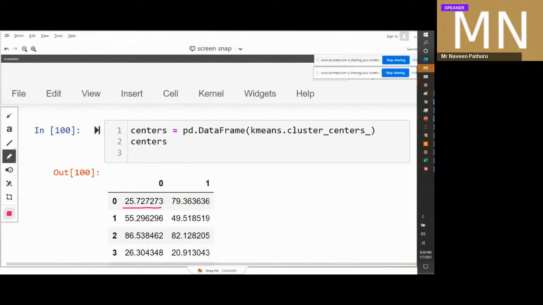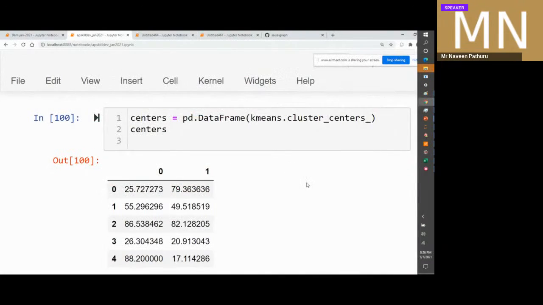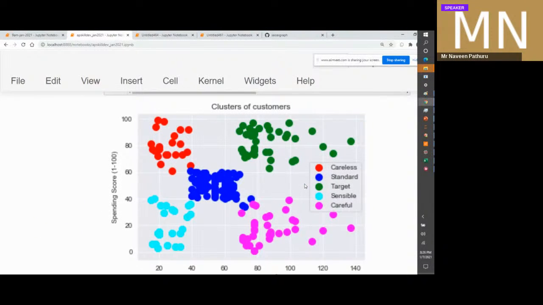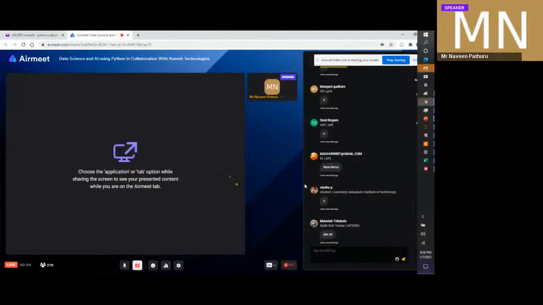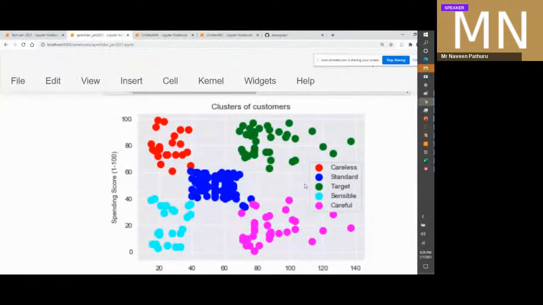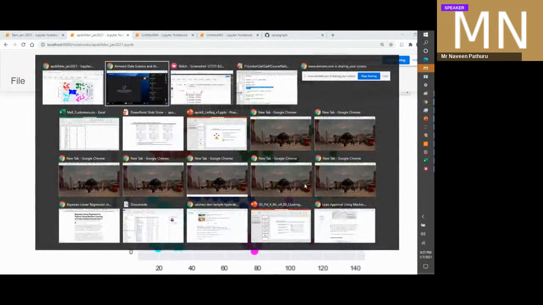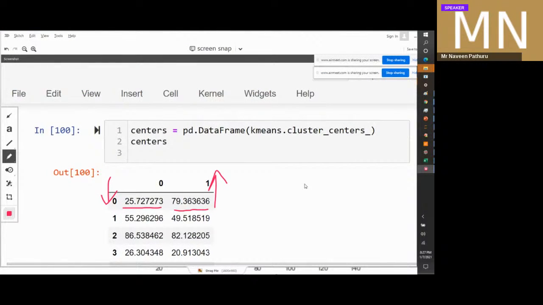They're spending close to $80, which means their income is less, but spending is more. So who are the guys whose income is less and spending more? They are the careless guys. What is special about the careless? Their earnings are around $25,000 on average, and their spending is 80.